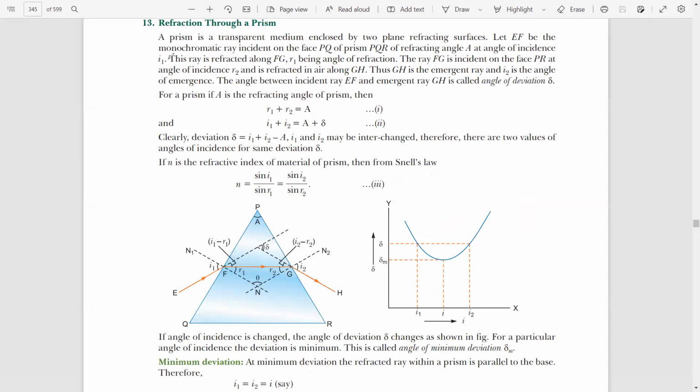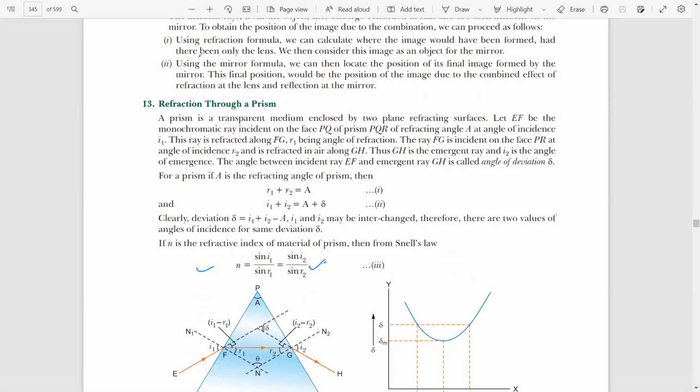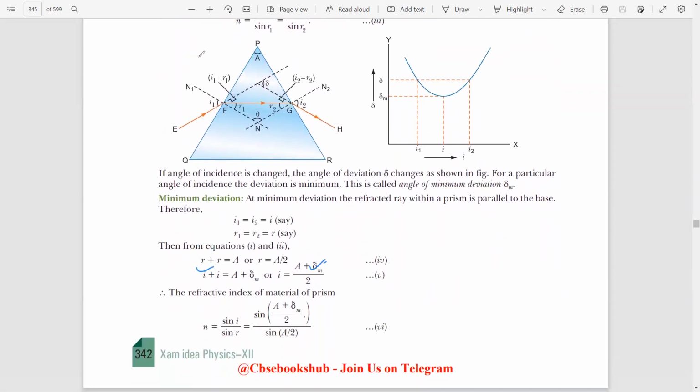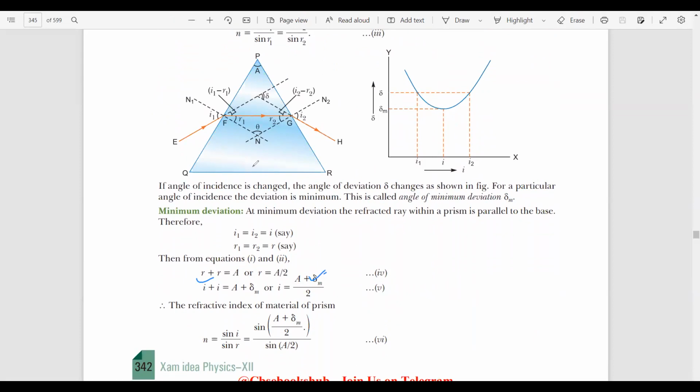Now you can see here. Is it visible? I1 and I2. Very simple. I1 and I2 are the same, then that means R1 and R2 are also the same.